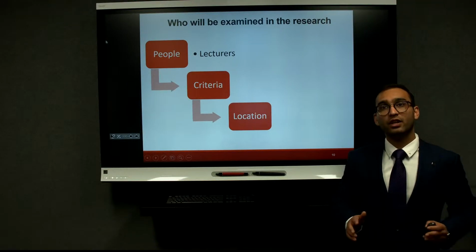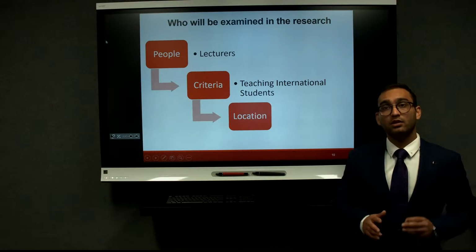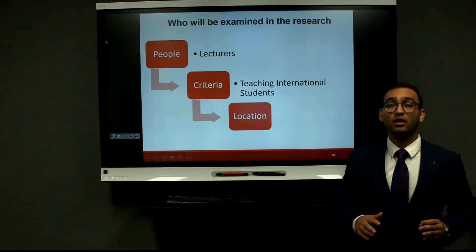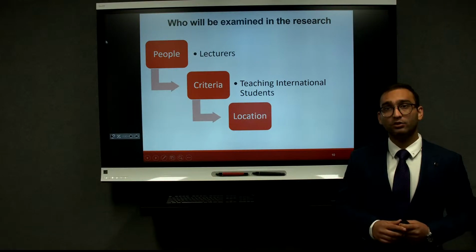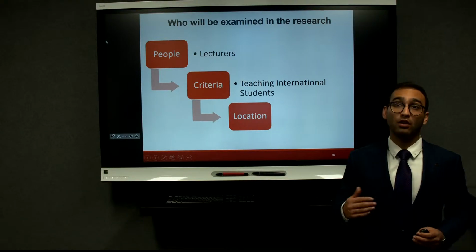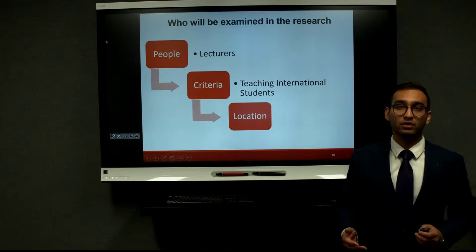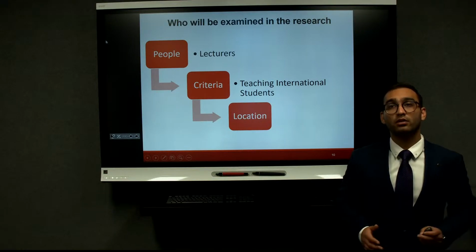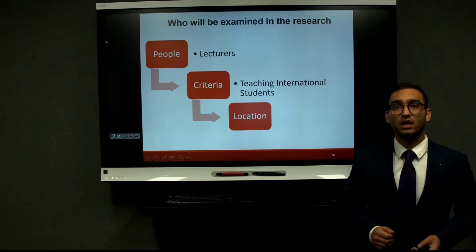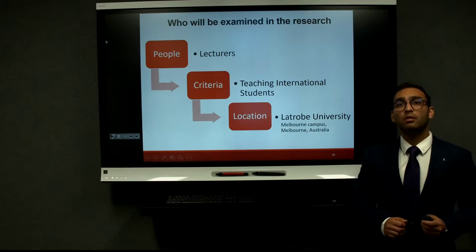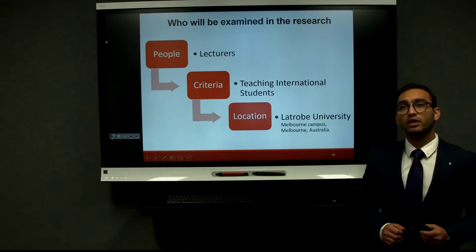However, not every lecturer can be considered, as only lecturers who are teaching international students can be considered, because there are a lot of lecturers in Australian universities who are teaching multiple students, but they're not all teaching international students. Some of the lecturers just teach local students, so those lecturers can't be taken into consideration for the interview purposes. And the location is going to be La Trobe University, Melbourne campus, which is located in Melbourne, Australia.